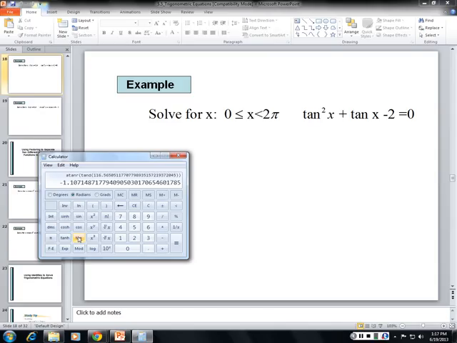So here, since we have two different values of x, we can convert them back to pi. So let's see whether we can do it here right away. Can anyone multiply this by pi and divide it by 180 to see what it is going to be in pi? 116.57 times pi.